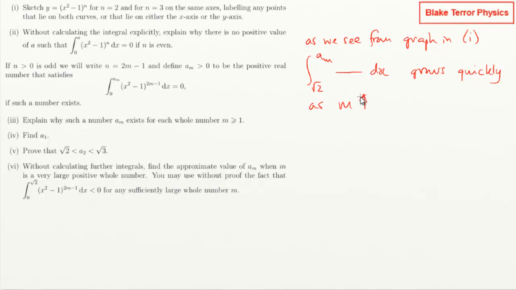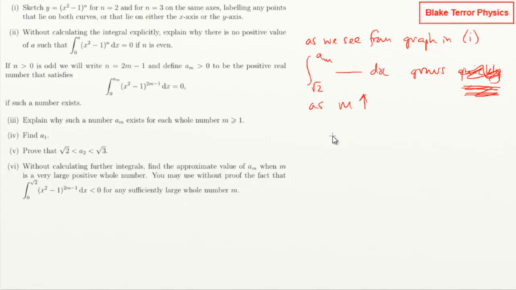Now we're making that gradient steeper and steeper. Steeper, not faster. I've just had faster in my mind because I really want to say quickly in here. So yeah, maybe I'll just leave it as grows. I mean, it does grow.